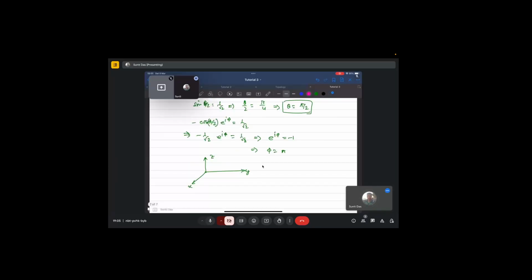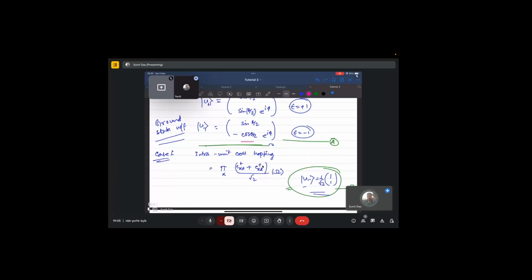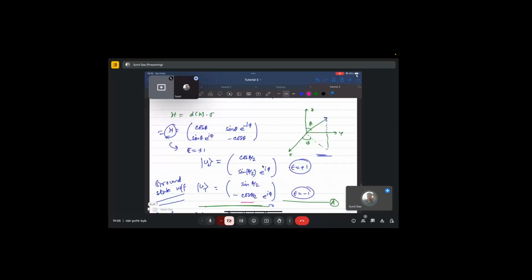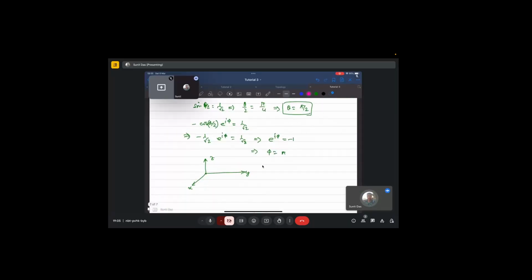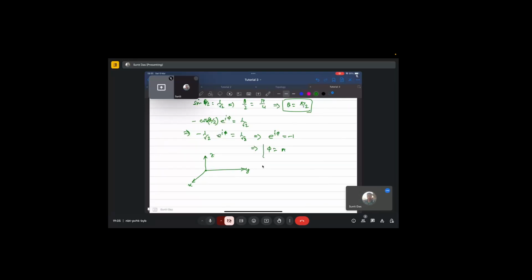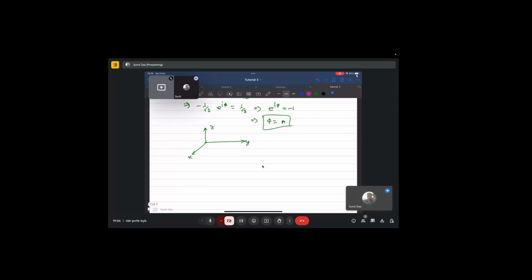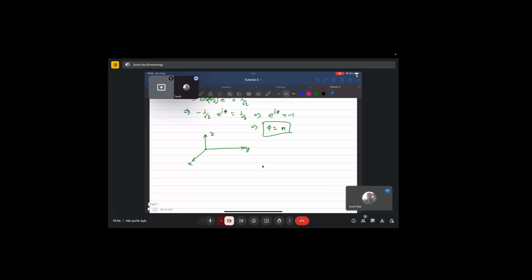This wave function, depending on theta and phi, will have a vector notation. In our case we got theta equal to pi by 2, meaning all the vectors will lie in the xy plane, and then phi equal to pi.